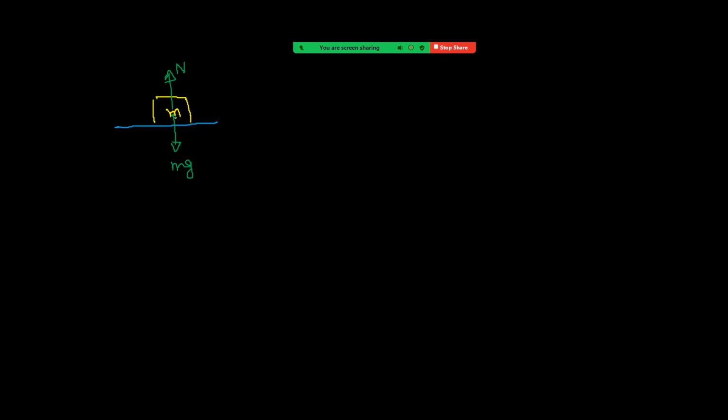Now see carefully. The condition given is that the block is not moving. Therefore, net force must be zero according to Newton's first law. So from this we can say normal reaction is balancing mg because net force is zero.